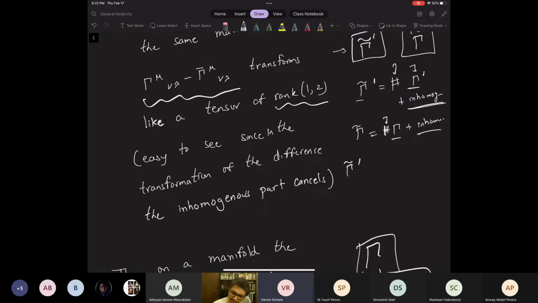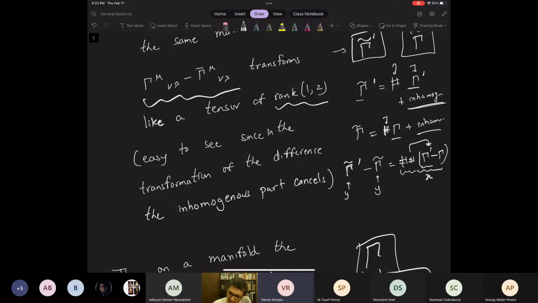So gamma prime twiddle minus gamma twiddle, my gamma in the new basis minus your gamma in the new basis, is equal to the tensor transformation rule applied to the difference between our connections in the x basis.